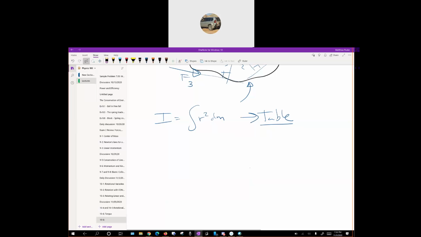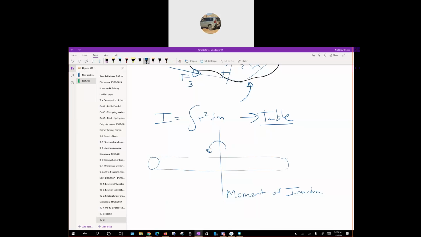And I wanted to go over one thing about I real quick. The moment of inertia. Pick up your pencil and rotate it about the center. Pick up a dumbbell, pick up something that's long, skinny, and has an even mass distribution, right? And rotate it through the center right here.